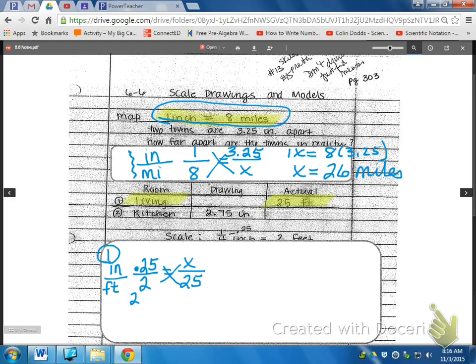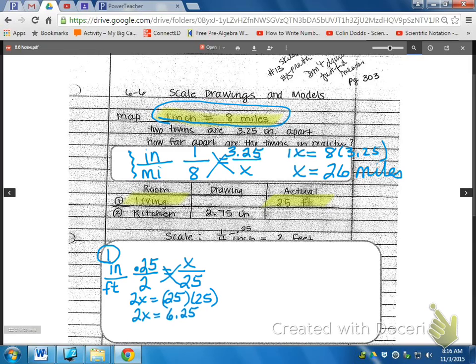2x equals 25 times 0.25. Okay, so 2x equals 0.25 times 25. So 2x equals 25 times 25 is 625, but there are 2 decimal places, 6.25.